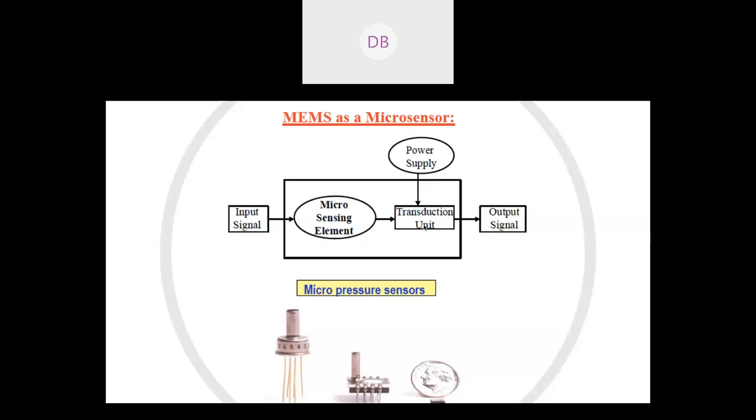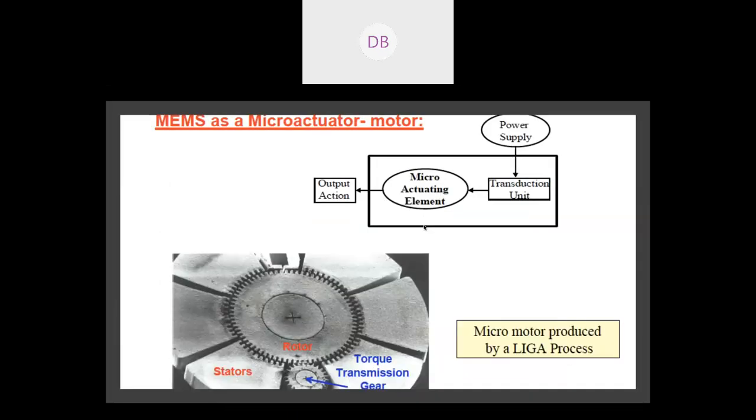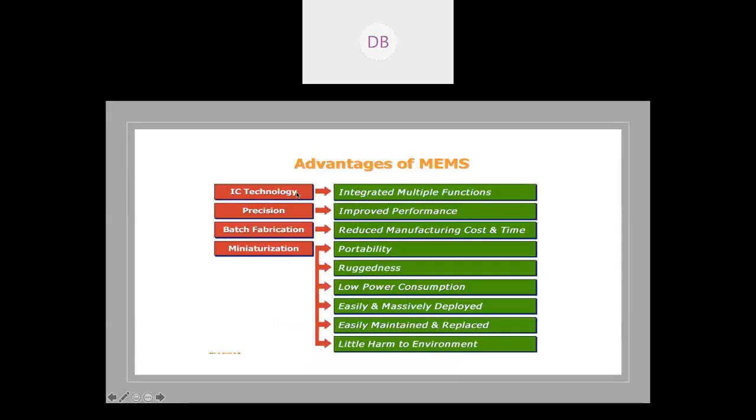Similarly, you can see a MEMS micro actuator, a motor, which is giving the output from the transduction unit. When you see the sensing element, it is taking the input and giving it to the transduction unit, whereas the micro actuator is taking from the transduction unit and giving the output.